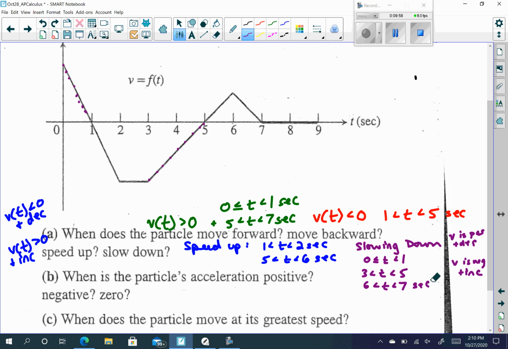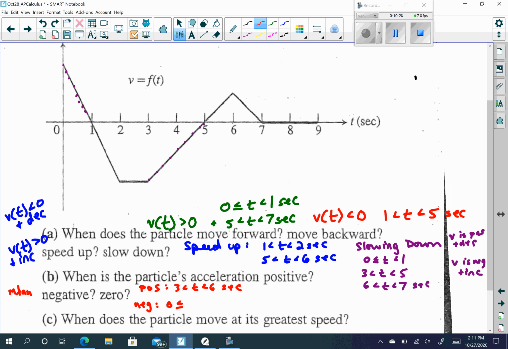All right, for B, when is a particle's acceleration positive? We're looking at the slopes of the tangent lines because acceleration is the derivative of the velocity. So we'll say positive. All of our slopes are positive from 3 to 6. And then that's it. Negative, our slopes are negative from 0 down to 2.